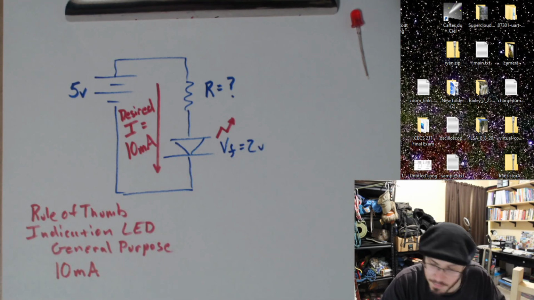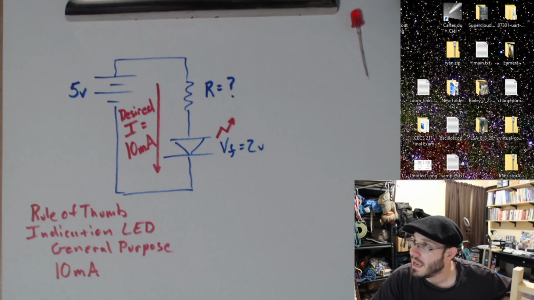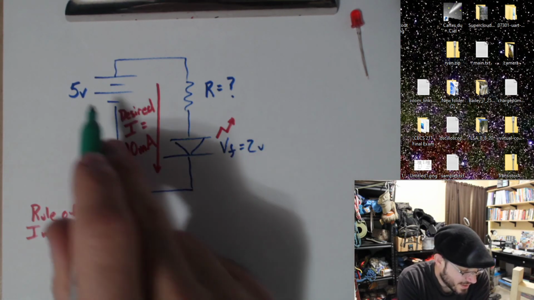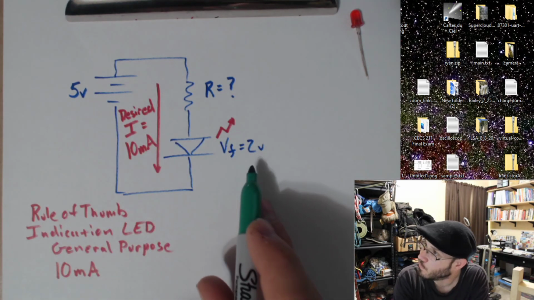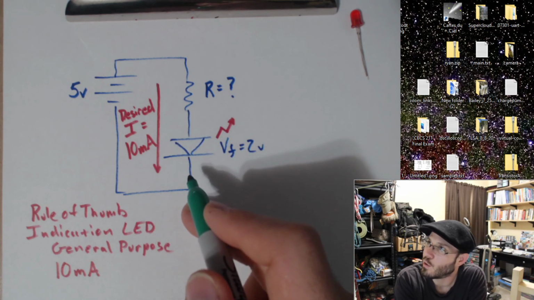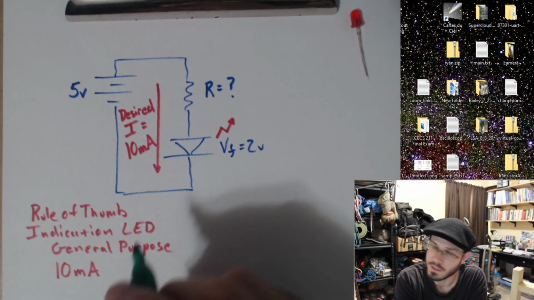Now, here's the next piece of really important information that I haven't told you yet. When the supply voltage exceeds the forward voltage, the voltage drop across the diode is equal to the forward voltage.